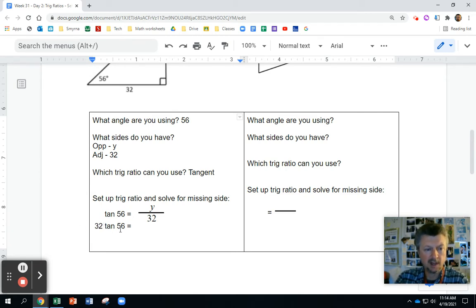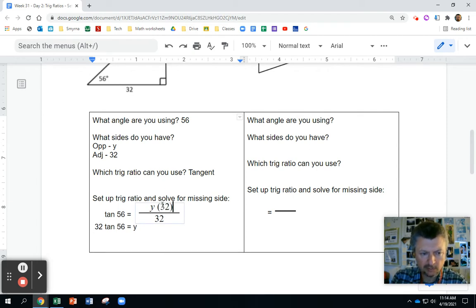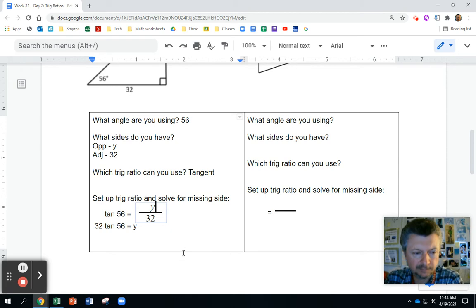So we'll have 32 times tangent 56 equals y, because the 32 went away. Let's just see why that happened. If you multiply both sides by 32 here, and of course over here, they cancel, right? So you're just left with y. All right, now that we have that, we're going to solve it. I'll just copy it again.